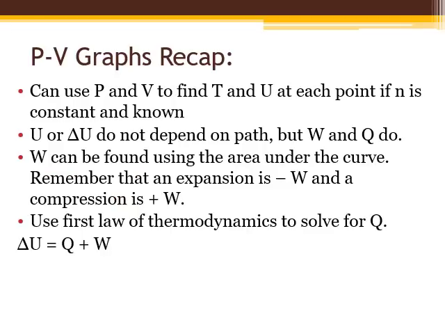A quick recap or summary of PV graphs. Whenever you have a graph of the pressure versus volume of a sample of gas, you can use the pressure and volume values at any point of that graph to solve for the temperature and the thermal energy at that point if you already know the number of molecules.